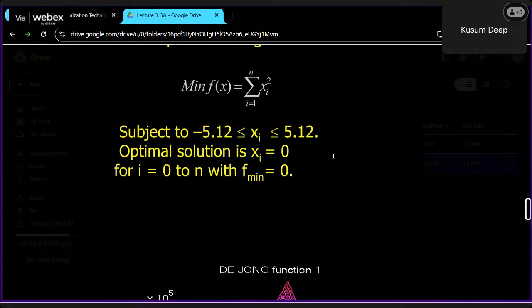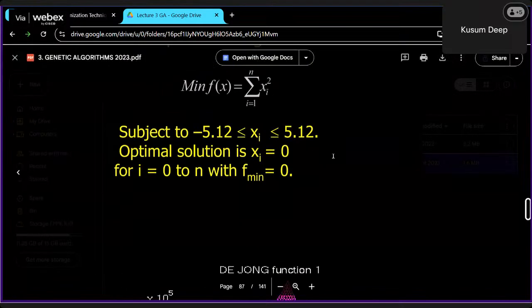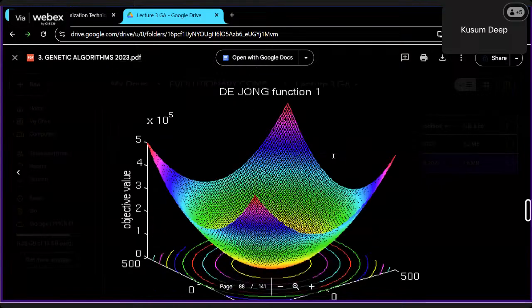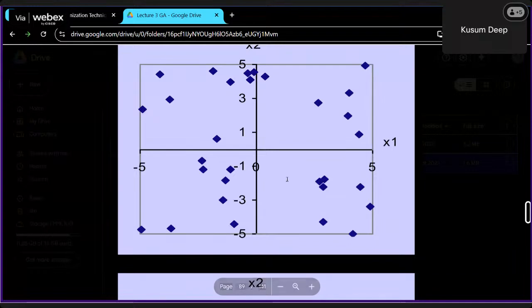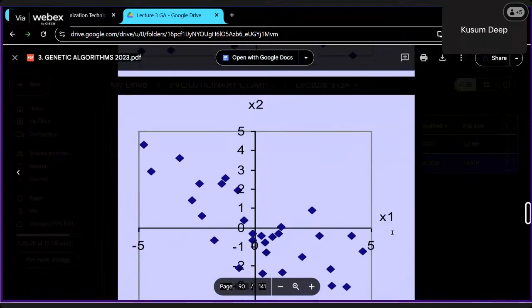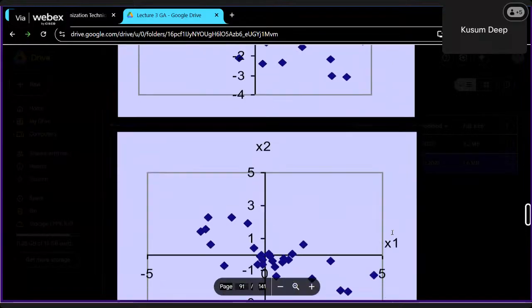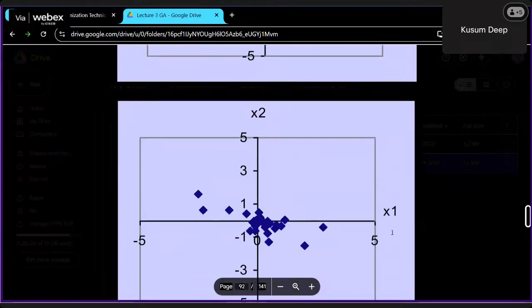And then I showed you some mathematical examples and showed that if the entire population is generated randomly, then iteration by iteration, they all move to the minimum.